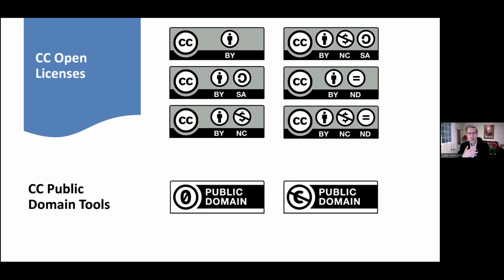So think Wikipedia article. All of Wikipedia is licensed under a BY-SA license. So if you go to Wikipedia and you modify the article, what you're agreeing to is that your modification will also be licensed CC BY-SA. Share alike is a way of essentially having the next person who does something to your work share it back with the commons under the same terms.